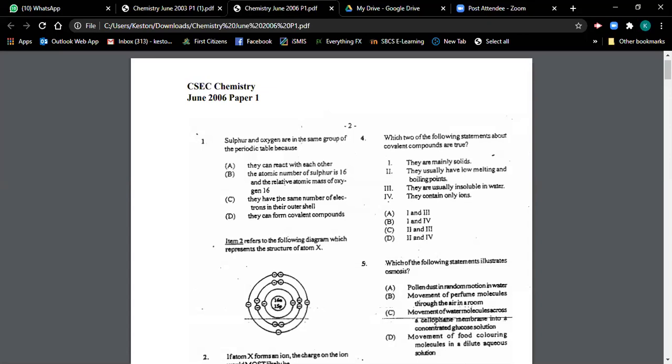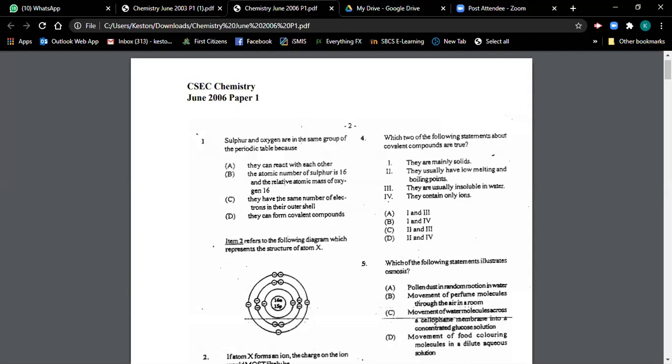So see, we have 2 and 3. Yes, I would agree with that because anything with 4 is out. So automatically B and D is out. And they're not mainly solids. I mean, methane is a covalent compound, right? There are plenty of other covalent compounds, and some of them are liquids and gases. So 1 is incorrect either.